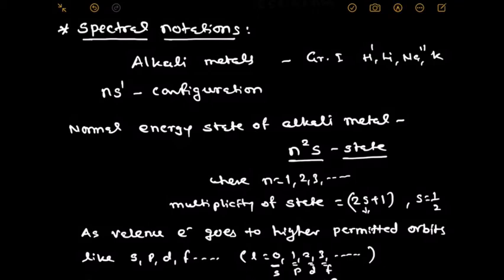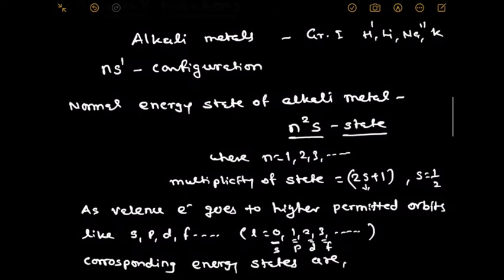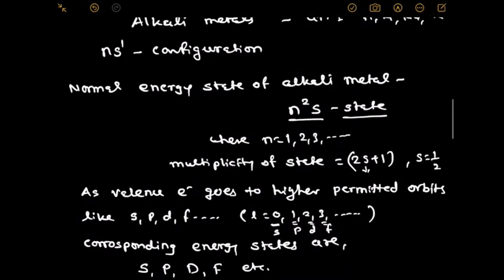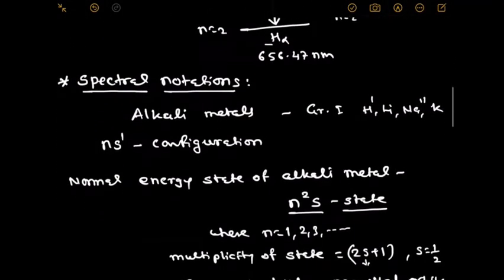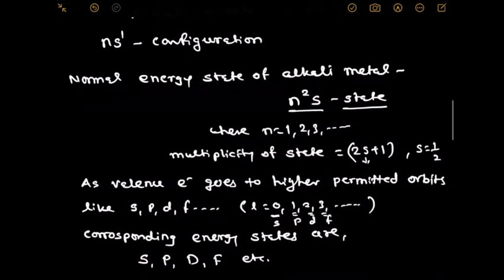As the electron goes to higher permitted orbits like S, P, D, F for different n, the corresponding energy states are written as capital S, capital P, capital D, capital F, etc. Now these are the corresponding excited higher energy states.